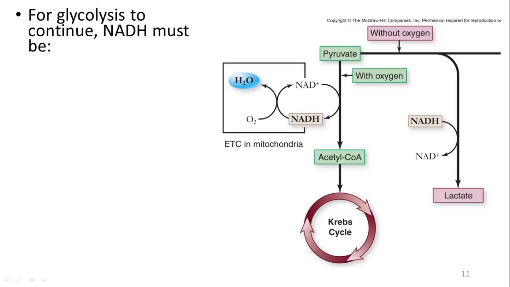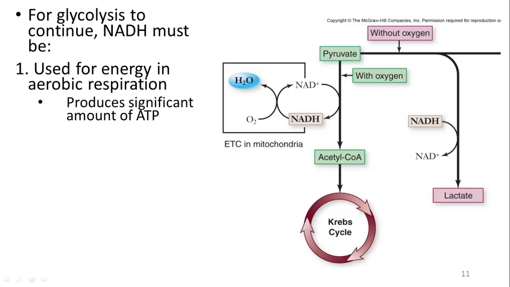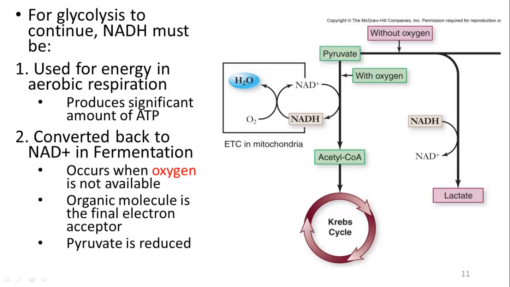For glycolysis to continue, you have to have a supply of NAD+, not NADH, right? And so one way you can do it is have NADH sent off to be used for aerobic respiration, or you can have it converted back to NAD+ in fermentation, which would be up here without oxygen.